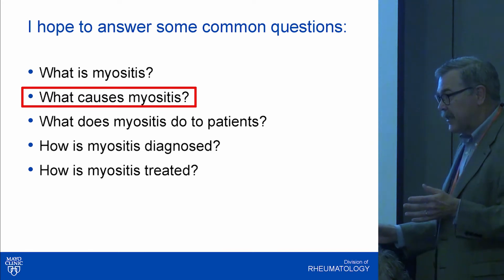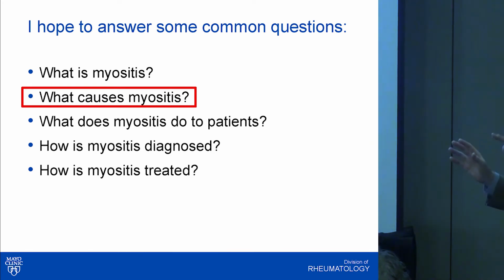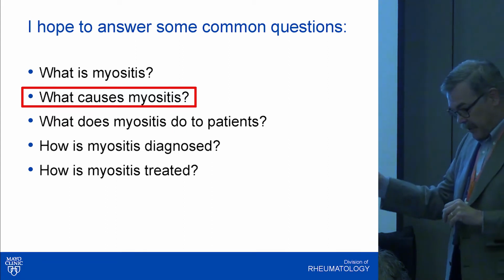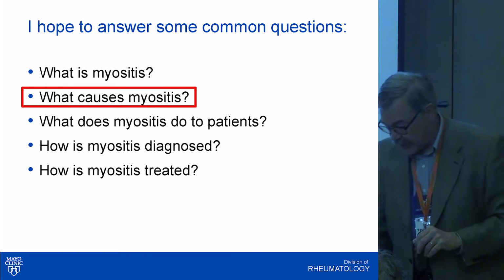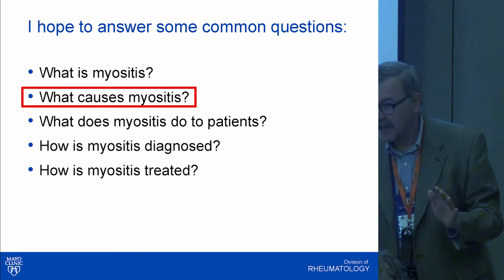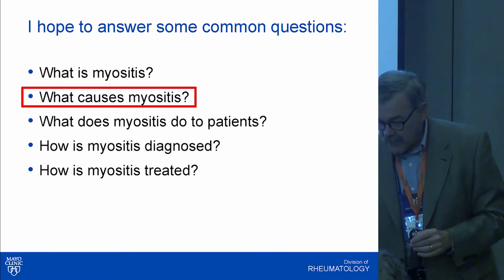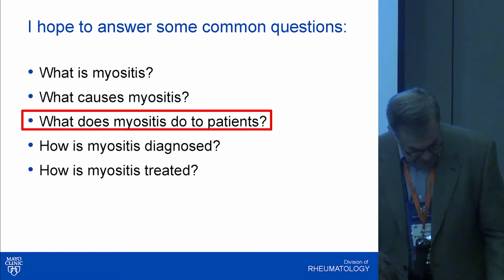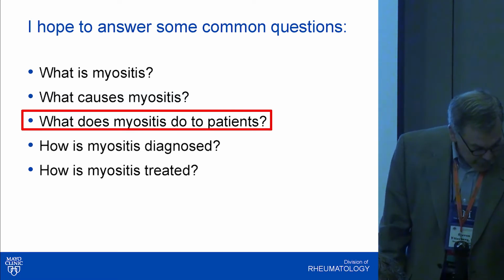So what causes myositis? Because we think of what's the trigger, what are the mechanisms. The mechanisms are clearly immune, different in polymyositis and dermatomyositis. So what does myositis do to patients? Well, it depends.